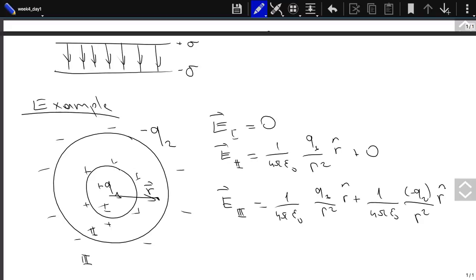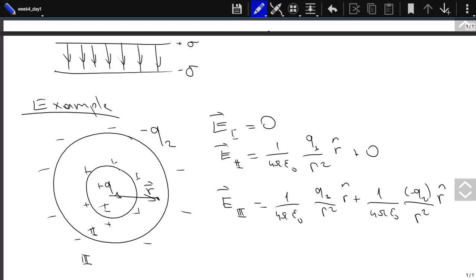Well, you see, this R depends on at which point you are evaluating E. If you are in this region, this should be the expression that you use to evaluate the electric field. If you are looking at the electric field at this point, this is the R vector. If you are looking at the electric field at this point, this is the R vector.